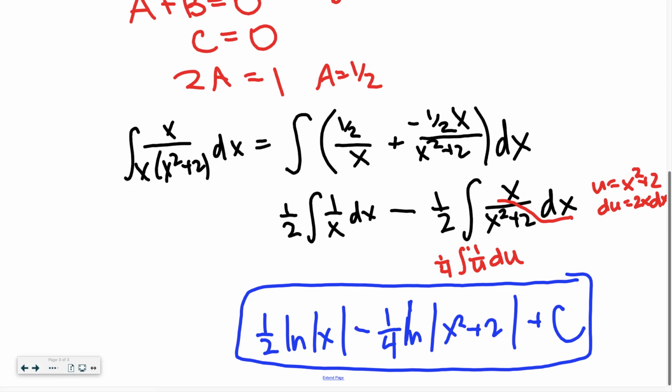Next week, we're going to revisit L'Hopital's rule and look at the cases where you have like 1 to infinity or things like that. And then we're gonna look at improper integrals.